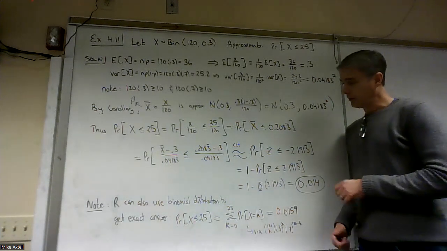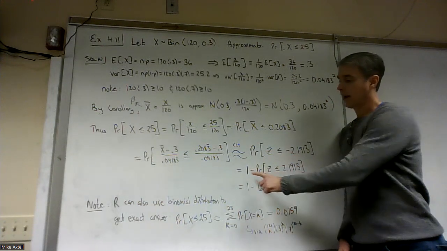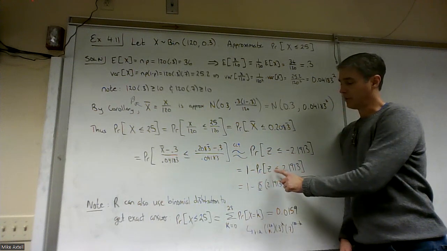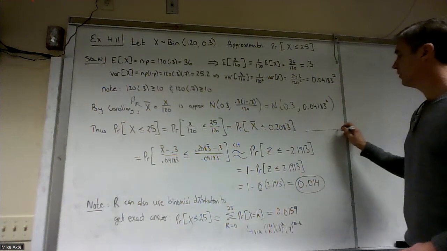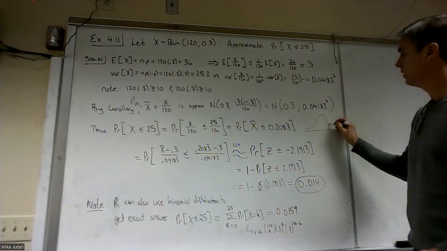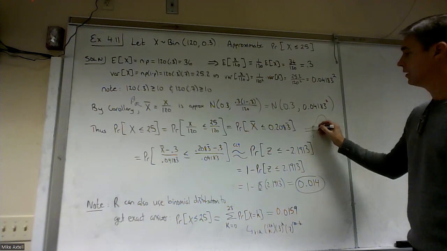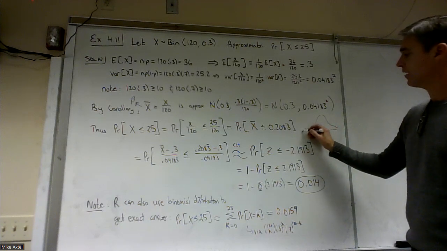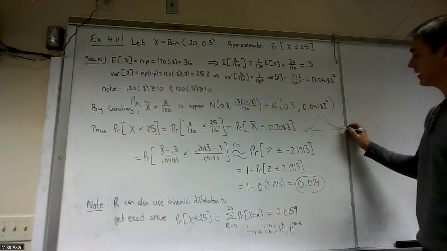If I need to calculate the probability that the standard normal is less than a negative number, I calculate 1 minus the probability that the standard normal is less than or equal to its positive equivalent. There's my bell-shaped curve. There's 0. Let's just say there's -2. If I wish to calculate that area, that is the same as calculating the right tail.